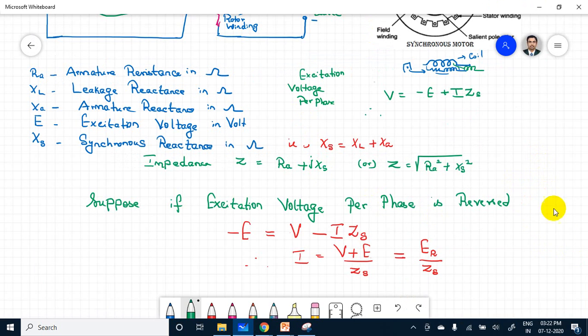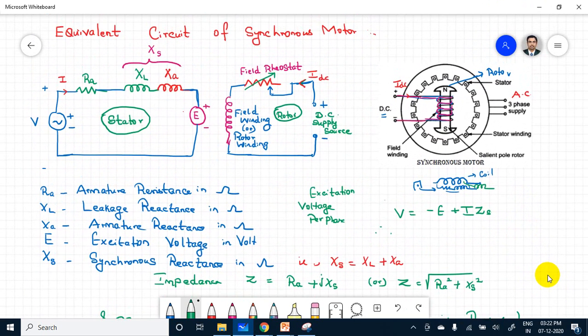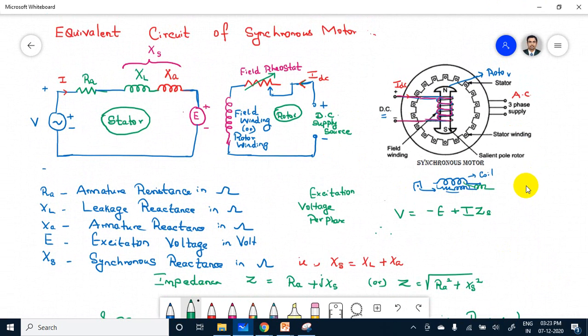Do you understand this equivalent circuit diagram? Any doubts, students?